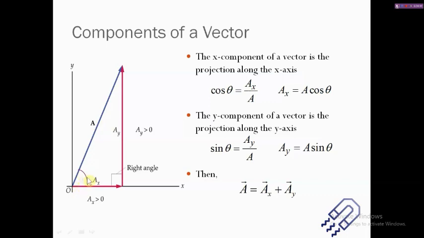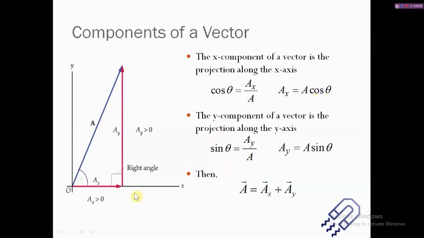So this is your theta, and this is your adjacent side, represented by AX. AX is the length, the magnitude. So it is the adjacent side divided by the hypotenuse. The hypotenuse is A. Here we are not considering the vector because we want to find the value of cos theta. So in simple words, AX is equal to A cos theta.